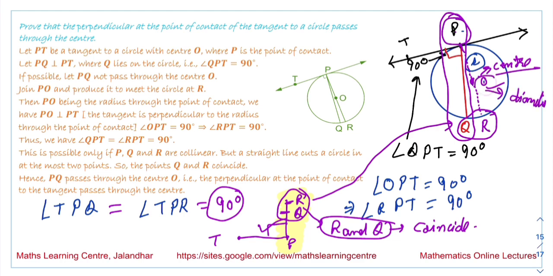It is passing through the point O. So both these points R and Q coincide. So what we get is that PQ passes through the center, and the perpendicular at the point of contact to the tangent passes through the center, and this is what we have to prove.